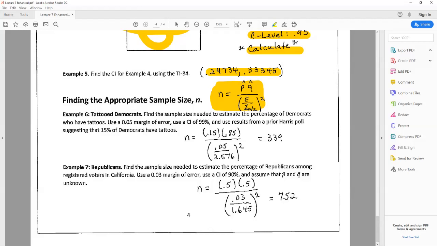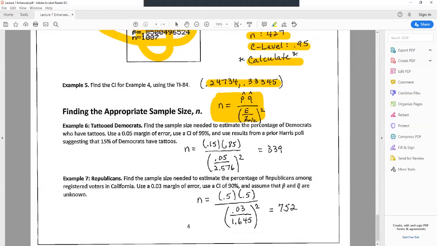So if 15% of Democrats have tattoos, at least according to a recent poll, then we will use the p-hat value of 0.15. Well, if p-hat is 0.15, then q-hat is 1 minus 0.15, which is 0.85. Then we divide by the margin of error, which is 0.05, over the z-score, the critical value.